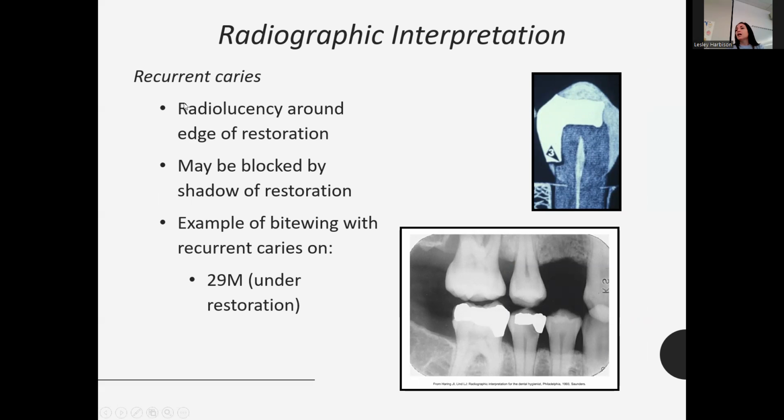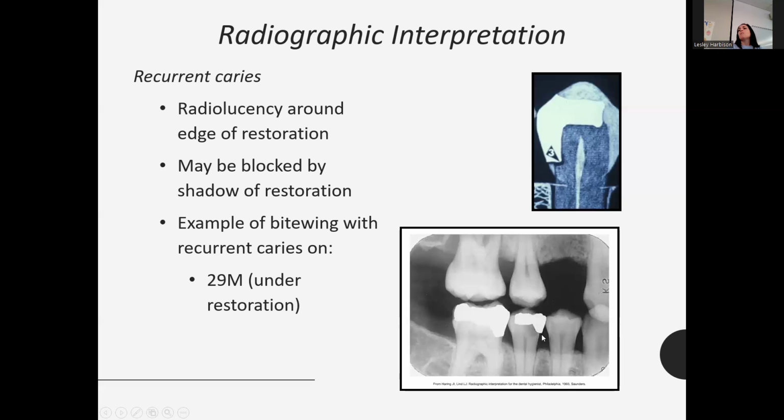Here's recurrent caries. This is a cross section to show you how, if the margins are not sealed really well, the bacteria can get in underneath the filling and make its way into the dentin and cause recurrent decay. You can see it down here on this premolar.